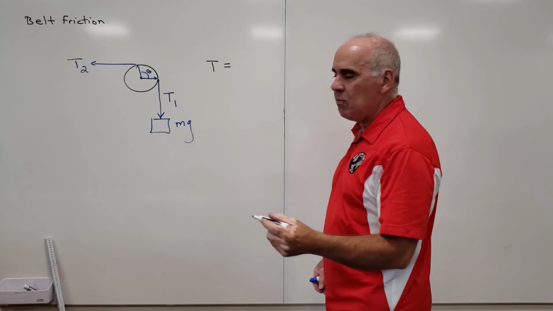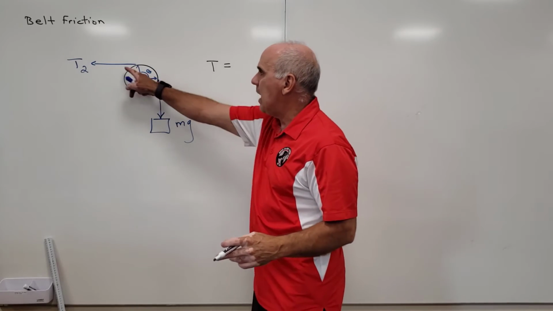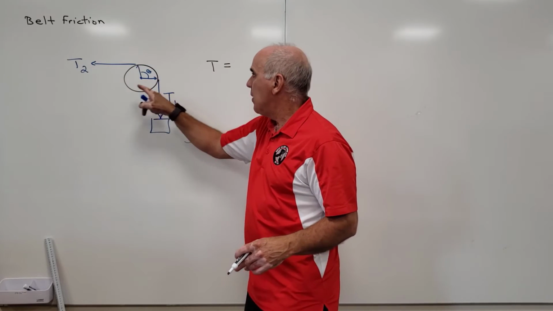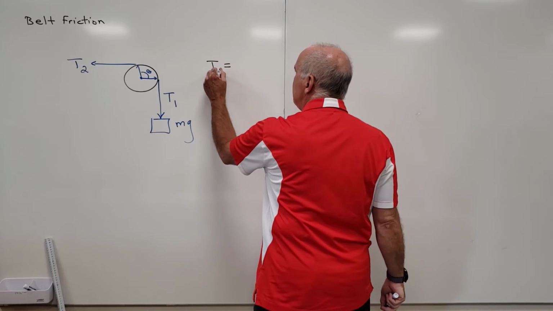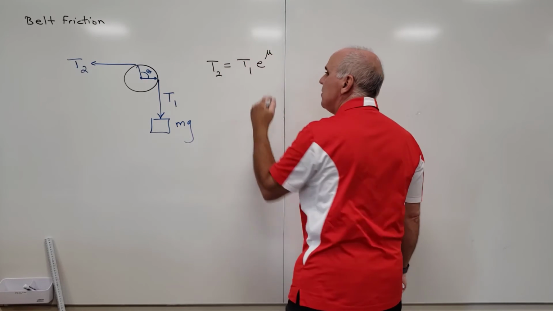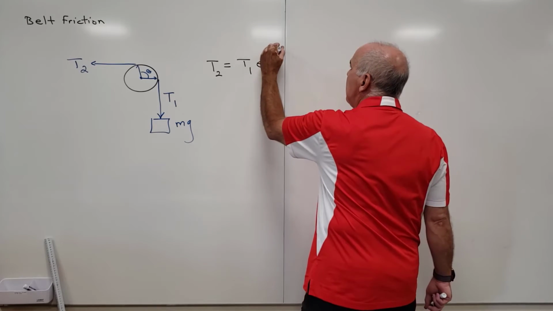There are always two tensions, one on each side of the cylinder. And it turns out that T2 is equal to T1 times e to the mu theta, where mu is the coefficient of friction and theta is the angle.